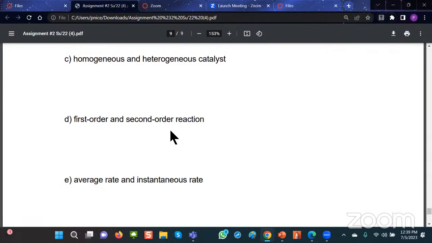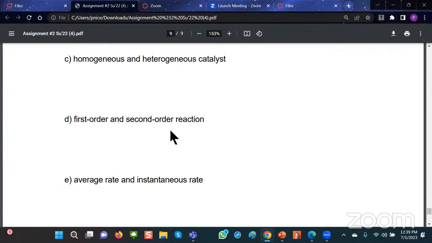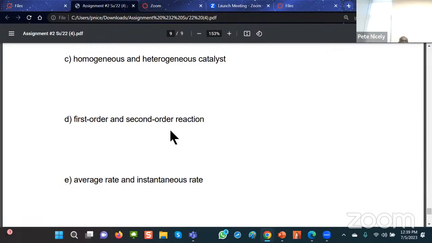The first order is equal to the concentration of a reactant, and the other one is the concentration squared. Okay, so repeat what you just said.